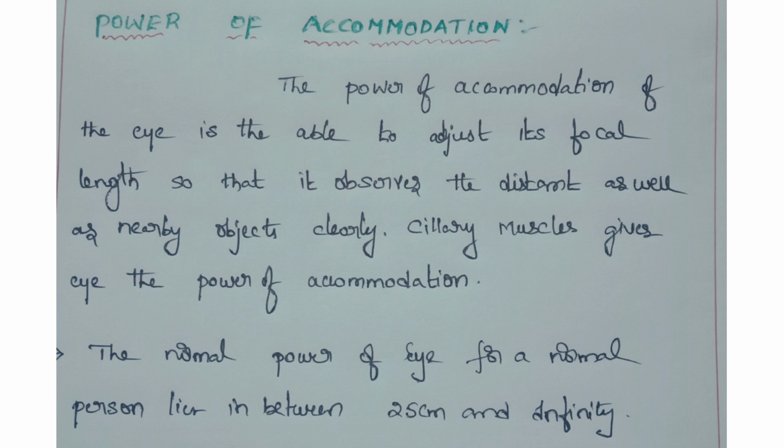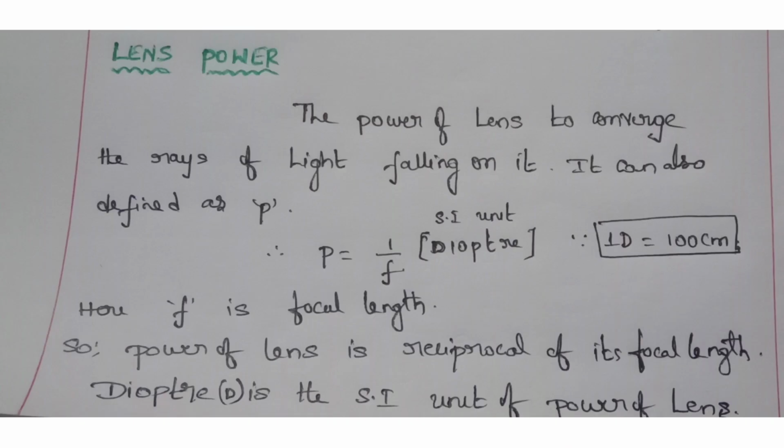Now see the power of a lens. The power of a lens is its ability to converge the rays of light falling on it, denoted by P. P is equal to 1 by F, where P is the power of the lens and F is the focal length.